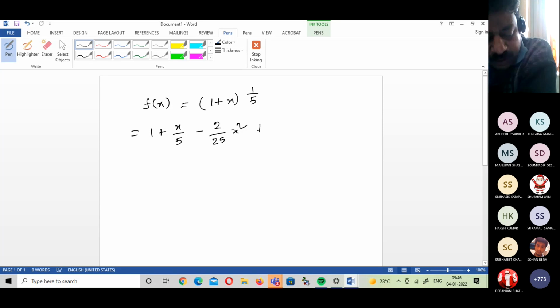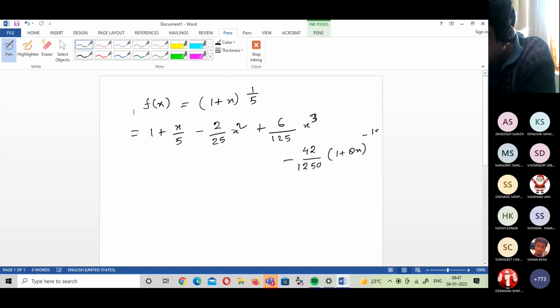From this expansion, you have to consider how far you go: plus 6 by 125 x cube and minus 42 by 1250 x to the power 4 into (1 plus theta x) to the power minus 19 by 5.